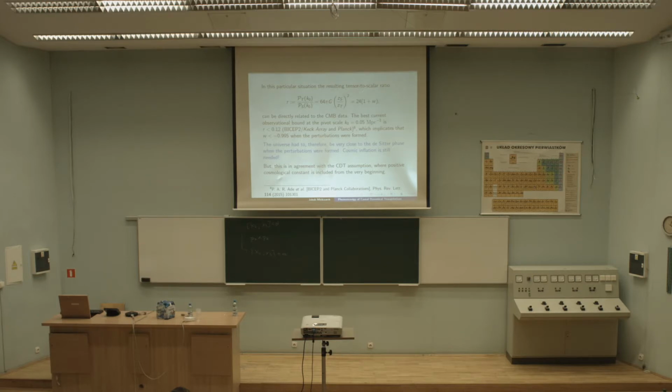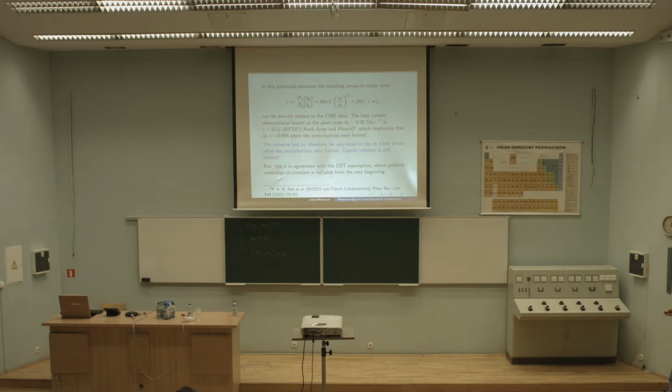And you will see that this is this quantity. So from the observations, this is a classical result. This works for all possible vacuum normalized perturbations independently of the form of your dispersion relation. So it gives you a very important constraint that your W has to be very close to -1.